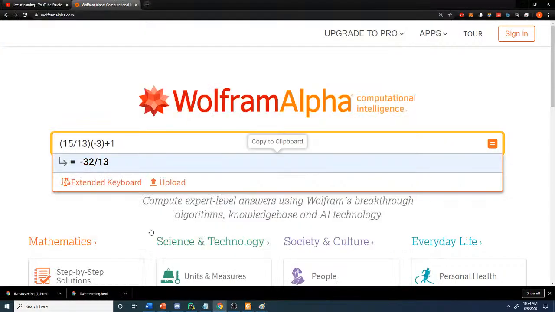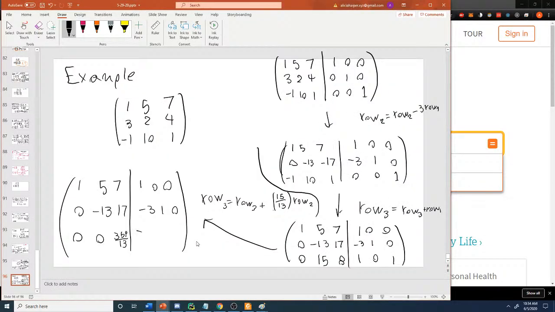This will give me negative 32 over 13. And then here, I'm just going to get 15 over 13. And then finally, I'm adding 15 over 13 times 0 to 1, which is just 1. All right, and that completes the process.